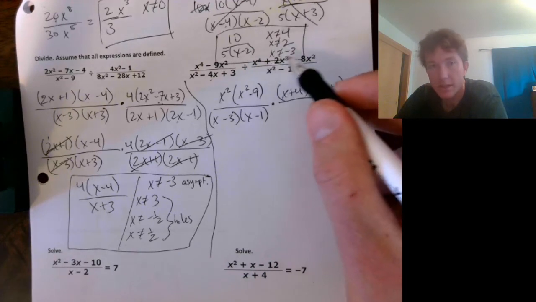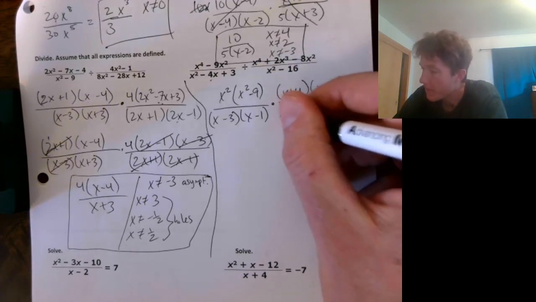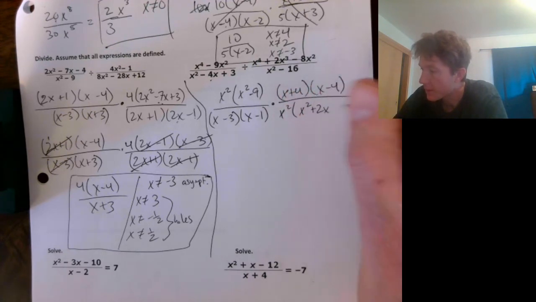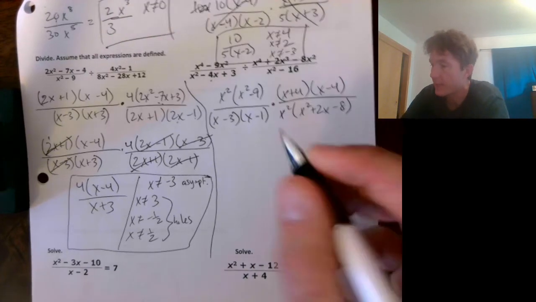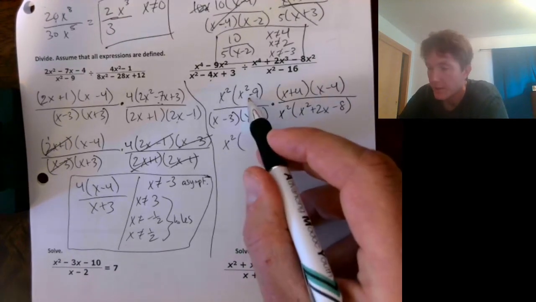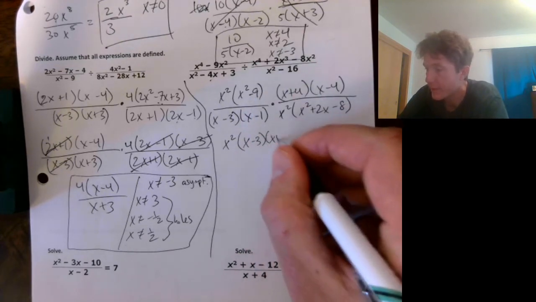Then this guy, this trinomial, I can factor out the x squared. That leaves me with x squared plus 2x minus 8, which I can factor. So let me rewrite this whole thing. X squared minus 9 is a difference of 2 squares again. Isn't that convenient?